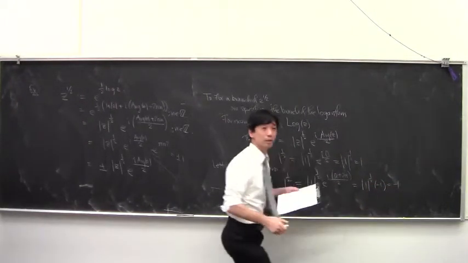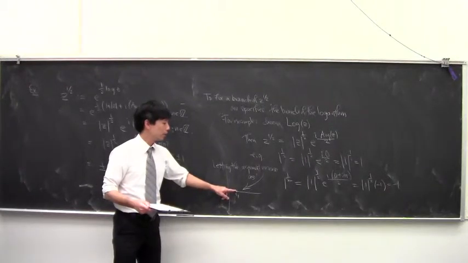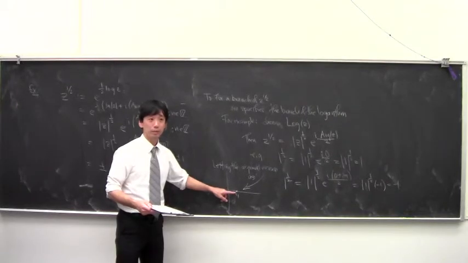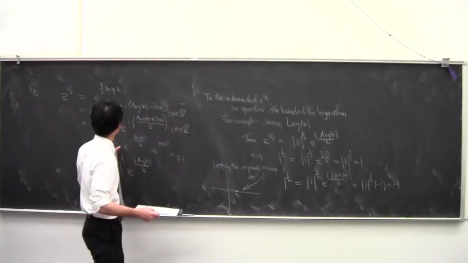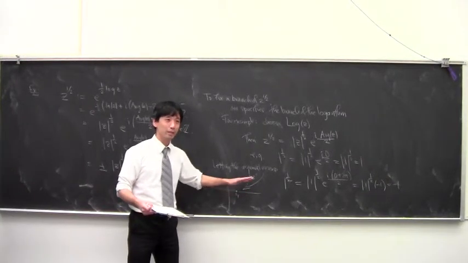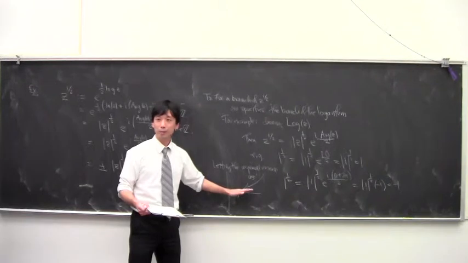You get -1. So starting here, if you circle around, you come back to the other branch of the square root function, and that branch is the one that has the negative square roots of positive real numbers.